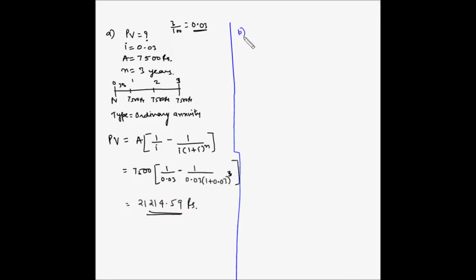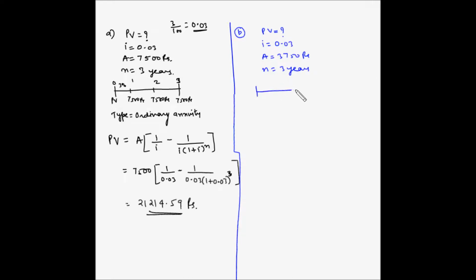Part B says: what is the present value if the amount gets an interest rate of 3%, which is the same as part A, and the tenure is 3 years, which is the same as part A, but instead of withdrawing 7500 rupees at the end of each year, we withdraw half the money, that is 3750 rupees. So what is the present value when I is 0.03, A is 3750 rupees, and N is 3 years.